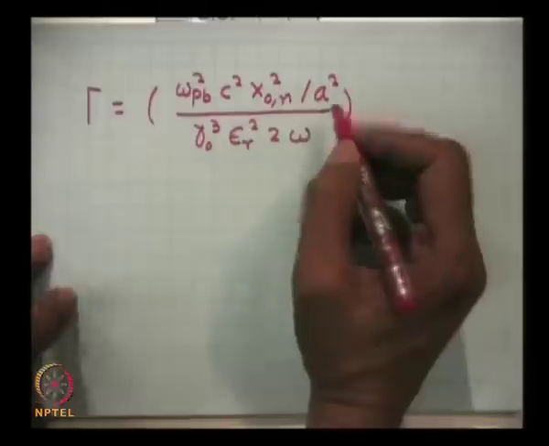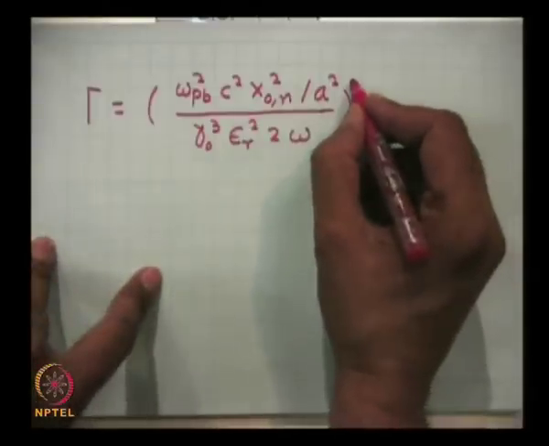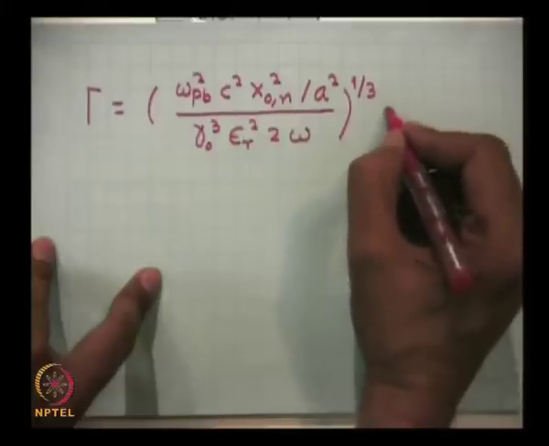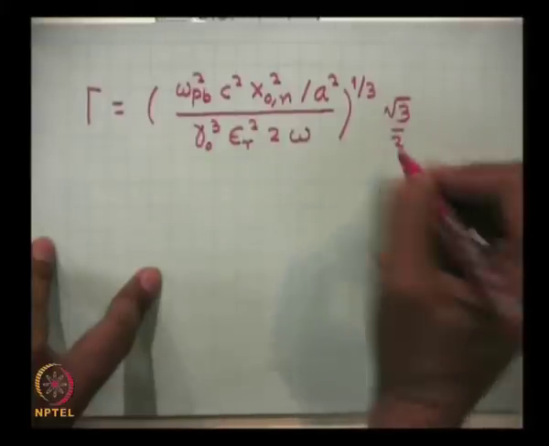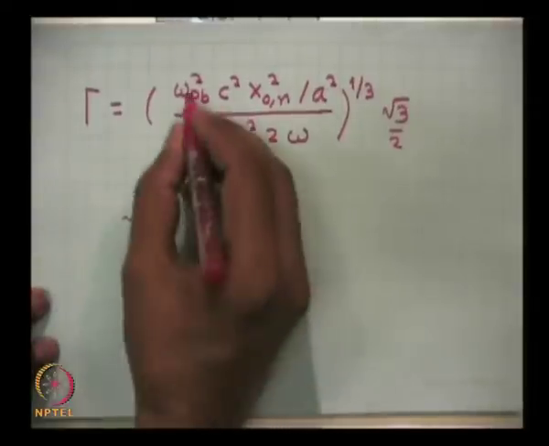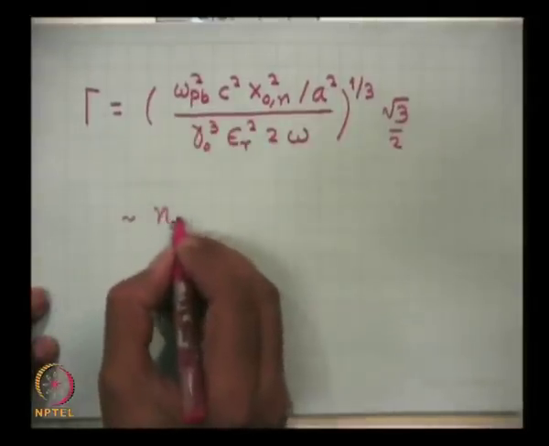This is the operating frequency of the Cerenkov FEL, to the power 1/3, times root 3 by 2.